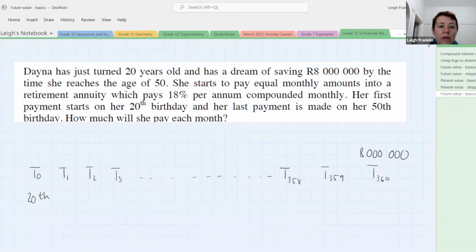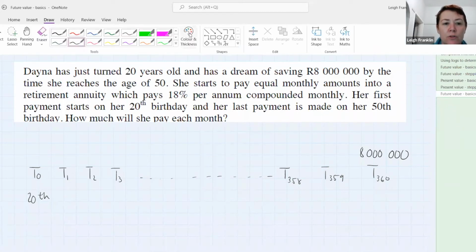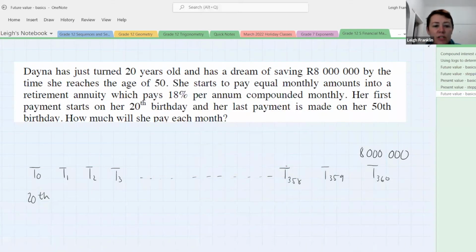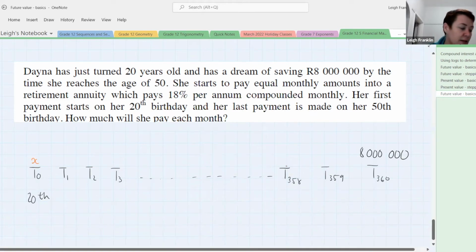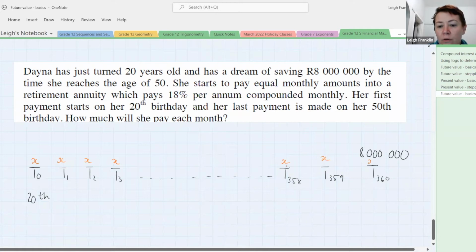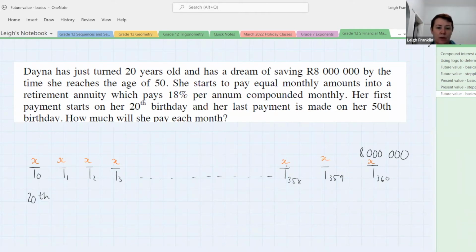We do not know how much money she is depositing every single month, so let's just call that X. She starts on her 20th birthday, and her last payment is made on her 50th birthday. That means X is deposited here, and there, and there, and every single month, including when she turns 50.